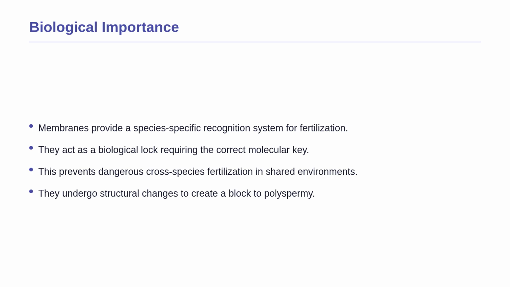Furthermore, once a single sperm successfully enters, these membranes rapidly undergo a massive structural change. This change instantly blocks any additional sperm from entering. This life-saving process is known as the block to polyspermy, ensuring the embryo has the correct amount of genetic material.